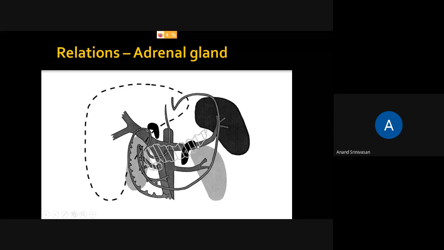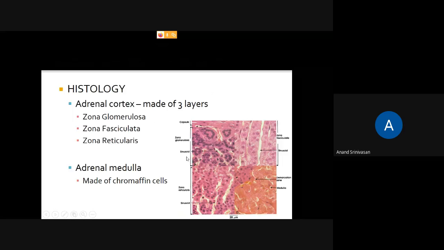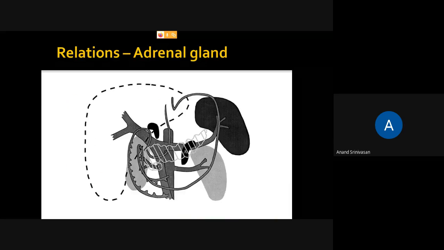For the left adrenal gland, what is situated in front? Here you can see a gland lying in front. This is the pancreas. The pancreas is situated right in front of the left adrenal gland. Those are the anterior relations of the adrenal gland.